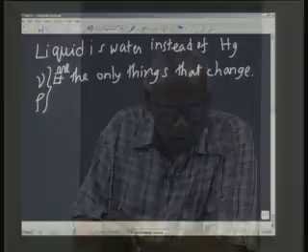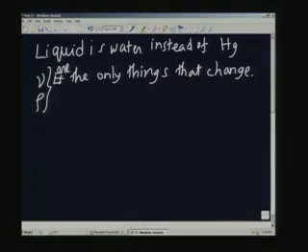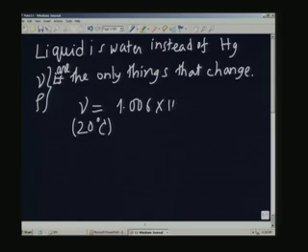So, all I have to do is to recalculate the values using nu for water at 20 degrees Celsius, which is 1.006 into 10 to the power of minus 6 meter squared per second. Of course, the density is also smaller, about 13 times smaller than the density of the other one.